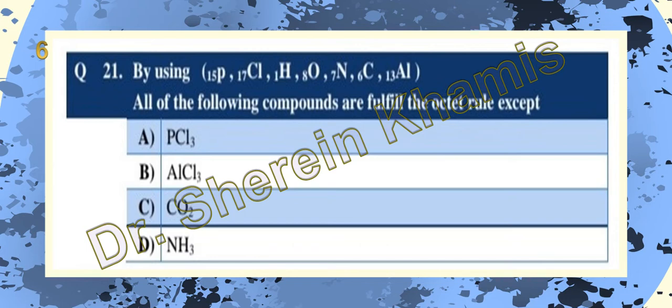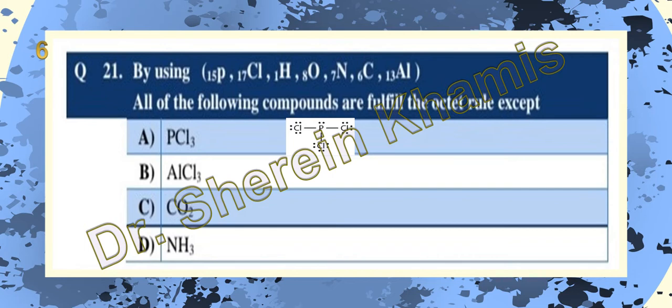Let's discuss each one of the choices. We have the first one, BCl3. If we study the figure in front of you, we will see that chlorine is surrounded by 8 electrons. Also, in the middle, we have 1 lone pair and 3 bond pairs, so it fulfills the octet rule.